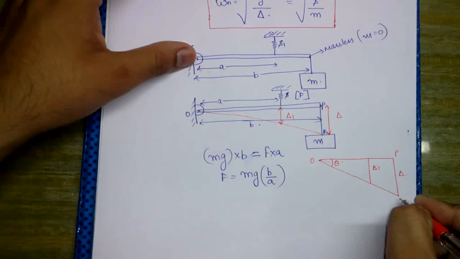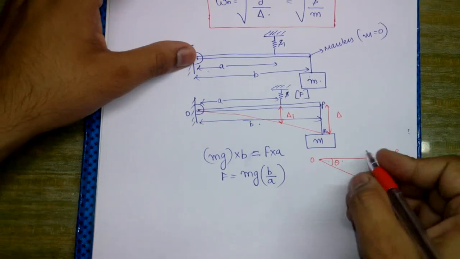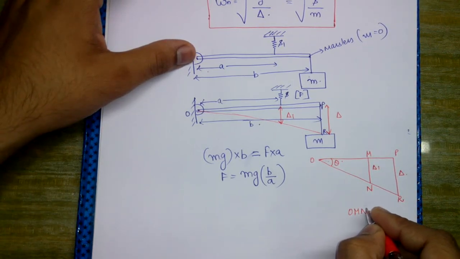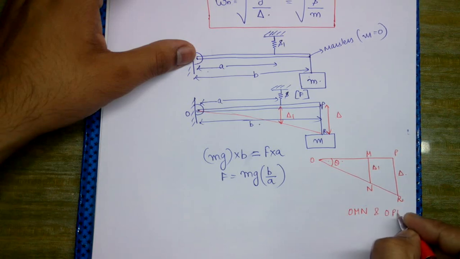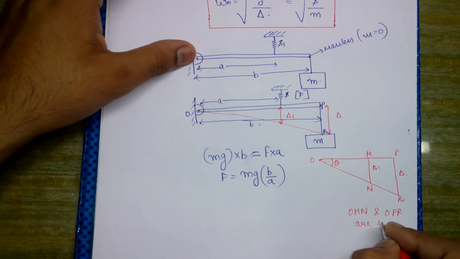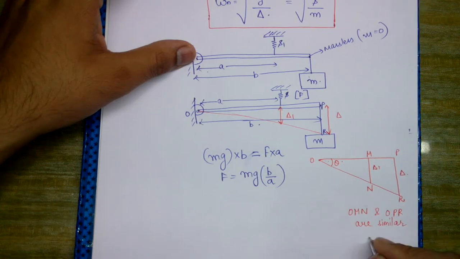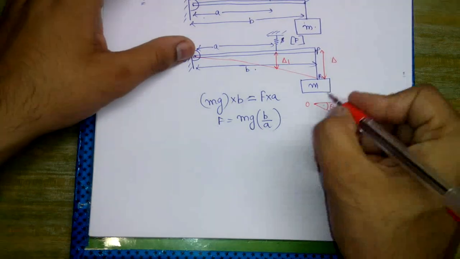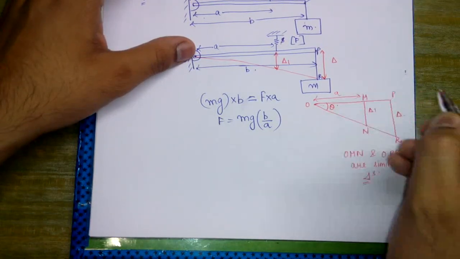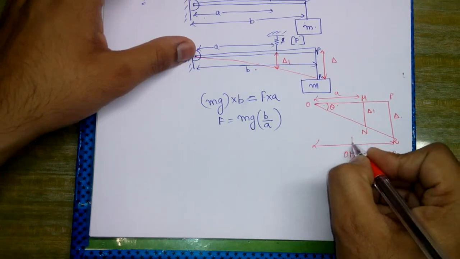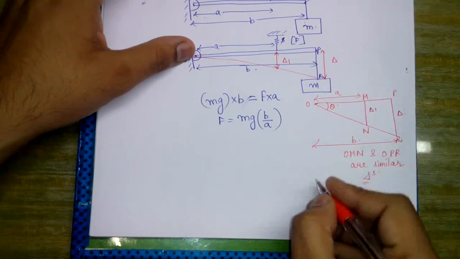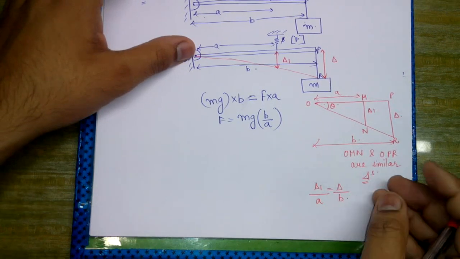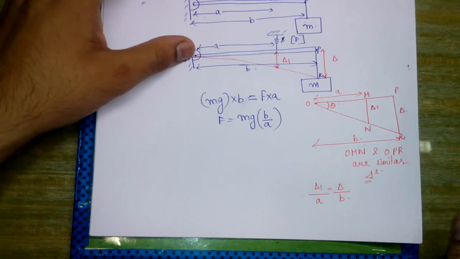This is O, this is P, this is R. We see that the triangles OMN and OPR are similar triangles, and from the property of similar triangles, this length is A and this length is B. So delta 1 upon A is equal to delta upon B. This was from the similarity concept.